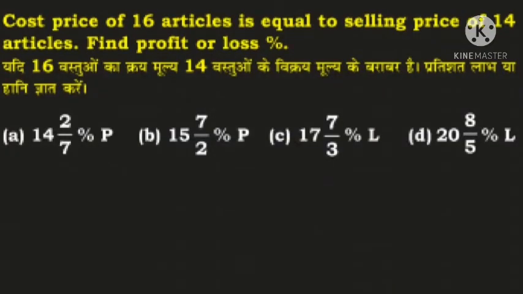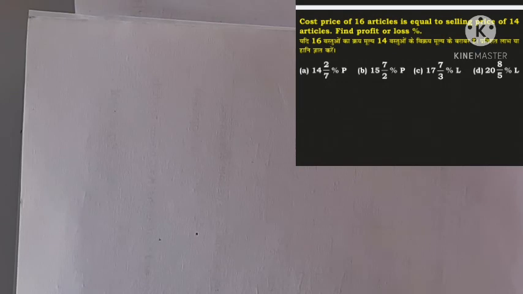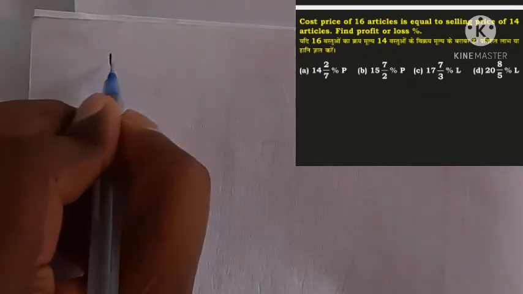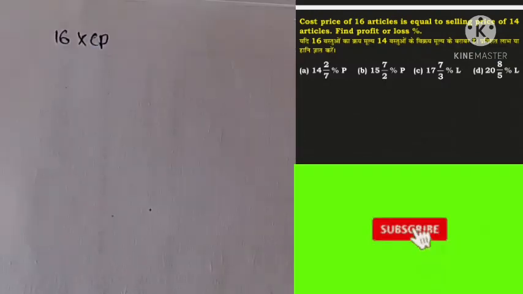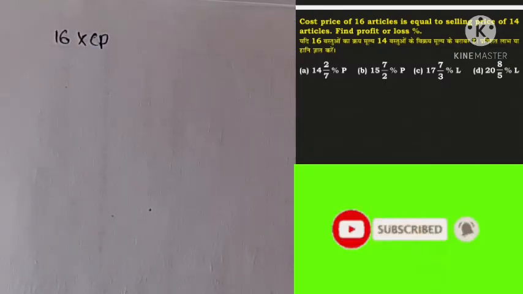So value is equal to 9 1 by 11%. Cost price of 16 articles is equal to selling price of 14 articles. Find the profit or loss percentage. So the cost price of one article is equal to CP. The cost price of 16 articles is equal to 16 into CP. So the selling price of one article is SP.